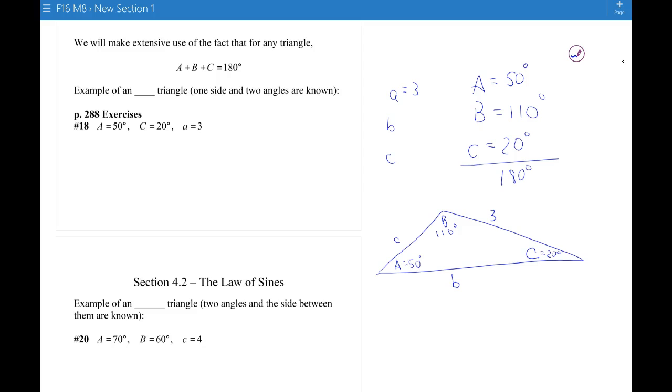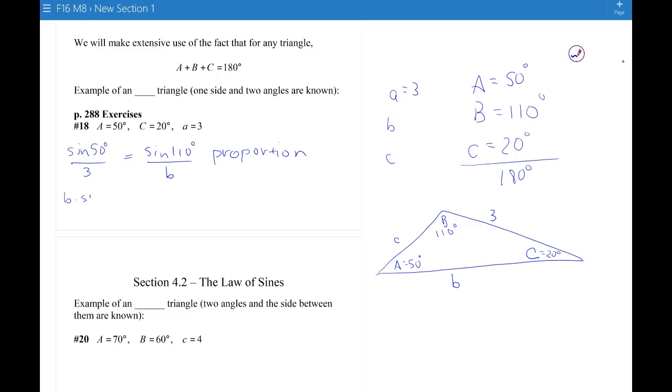So the law of sines tells us that the sine of 50 degrees divided by 3 is the sine of 110 degrees divided by side length B. So then you can either cross multiply, because this is a proportion. When you have two ratios set equal, that's a proportion, and that's the setup when you can cross multiply.